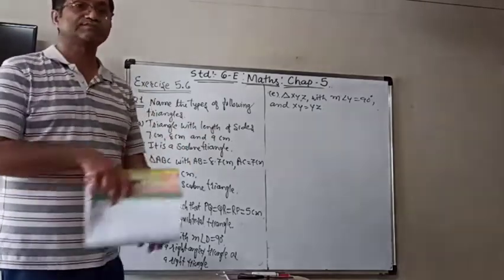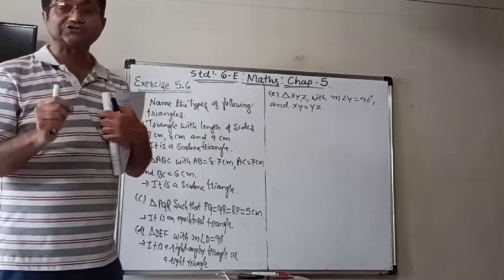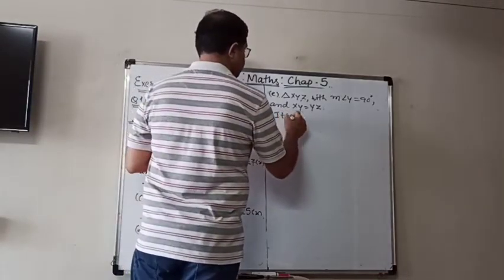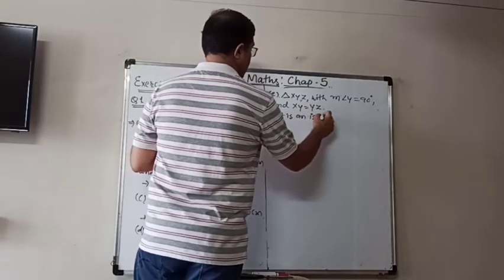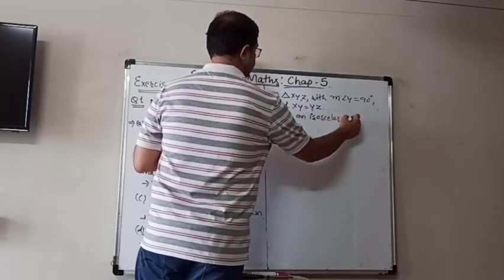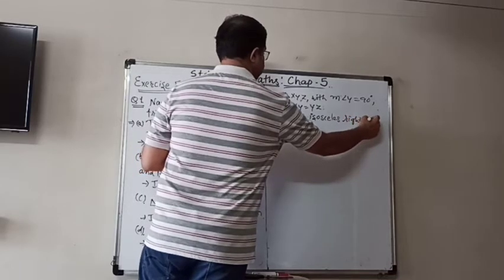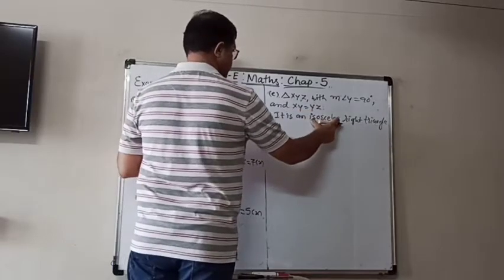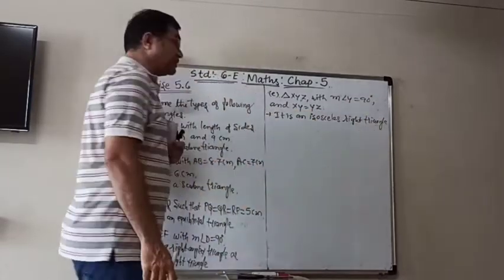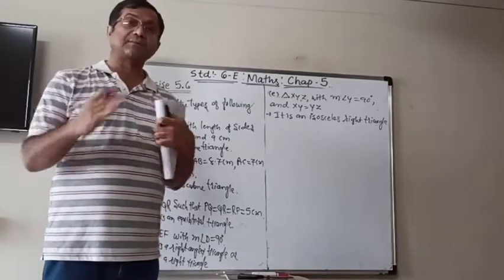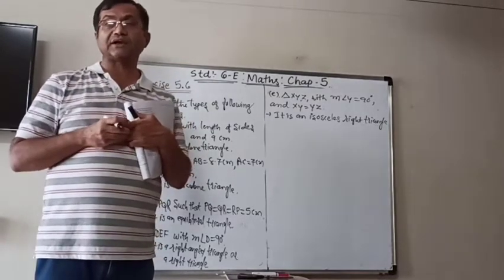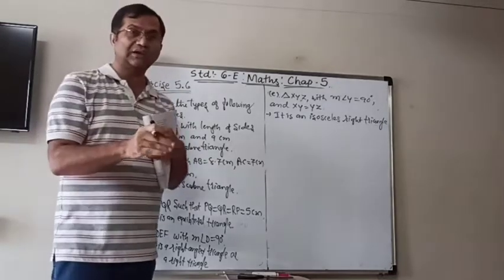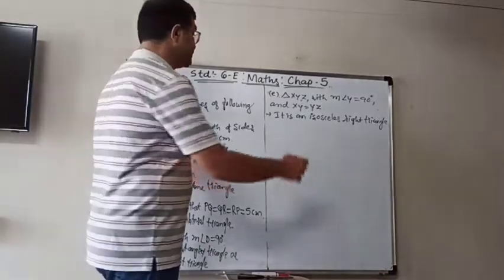So we can mix that. So we can say that it is an isosceles right triangle. Because two sides are equal, it is isosceles. One angle is 90 degrees, so it's a right angled triangle also. So we can combine them and write that it is an isosceles right triangle. Means two sides are equal and one of the angles is 90 degrees also.